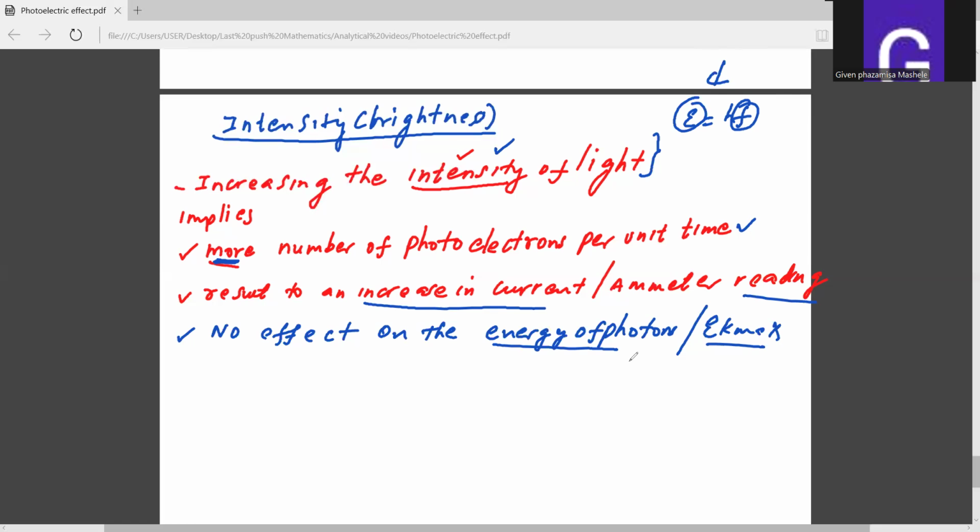So all the time in the exam, if you increase the intensity of light without changing the frequency, you're not going to affect EK maximum. But if we increase the intensity at the same time as we increase the frequency of light, EK maximum will be affected because we increased the frequency. So increasing the intensity or brightness of light only has an impact on the number of photoelectrons per unit time and also the current.